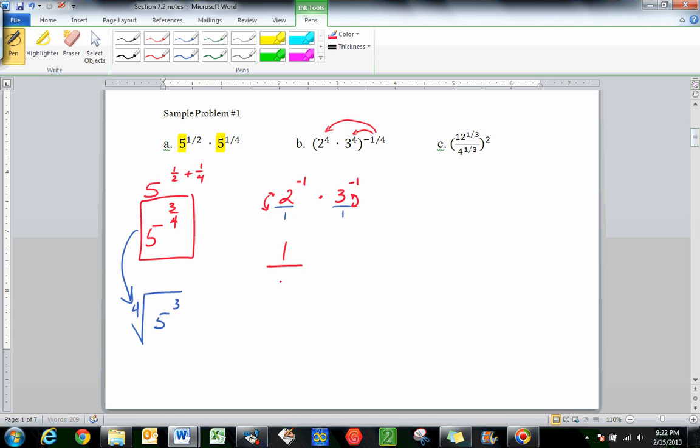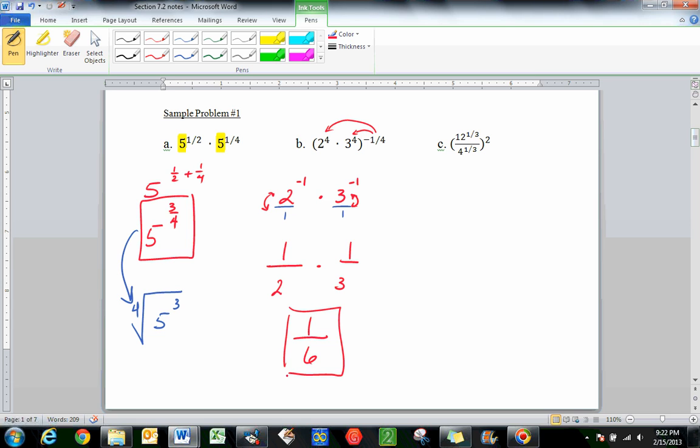So I have 1 over 2 to the first power times 1 over 3 to the first power. And of course, we know that the first power is understood. And so now we can multiply these together. When multiplying fractions, you multiply the numerators and then you multiply the denominators. And we're going to finish this with the fraction 1/6.